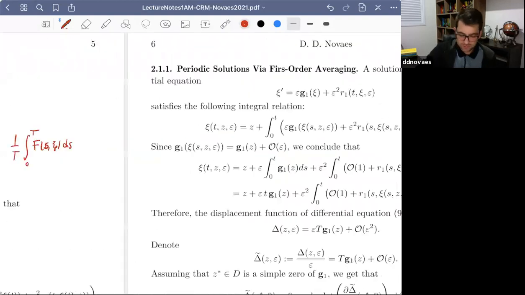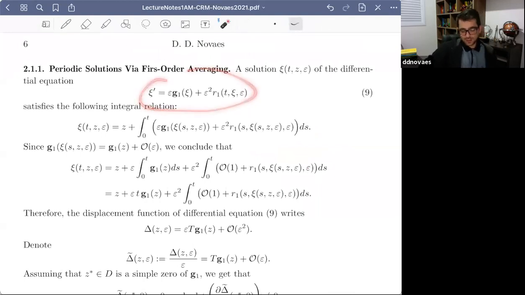So, in order to compute or estimate the displacement function of this differential equation, we use again the integral characterization of solutions of differential equations. Okay, so the solution at (t, z, epsilon) is equal to z plus the integral of the right hand side of the differential equation computed at the solution.